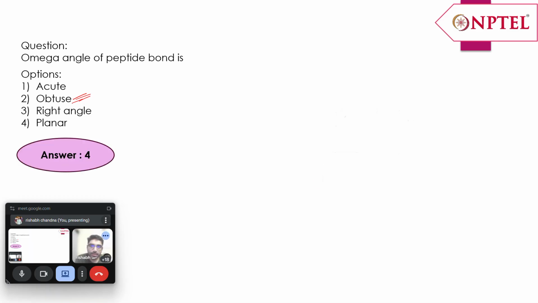Okay, and here is the explanation. The omega angle is the rotation angle of the peptide bond.